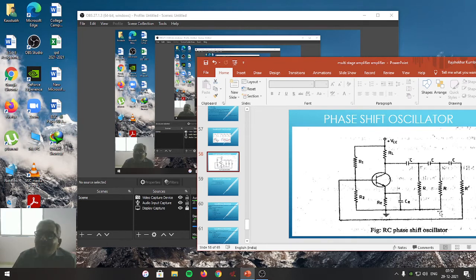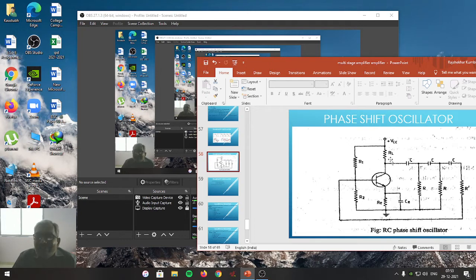Friends, the oscillation so generated in the tank circuit is given as feedback. As the feedback is positive, this will increase the base current, that is, the forward biasing of the emitter base junction. At the cost of that, it will increase the collector current to amplify the feedback input and produce it at the output of the collector.